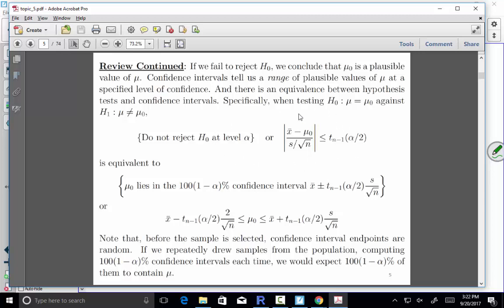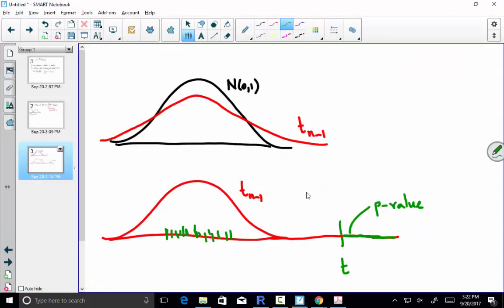Okay, so then the way that we do the actual decision is related to this picture. We have data that we observed. We compute x bar, we compute s. We put those together into a t-statistic, a test statistic. And then we compute or approximate the sampling distribution of that test statistic under the null hypothesis.